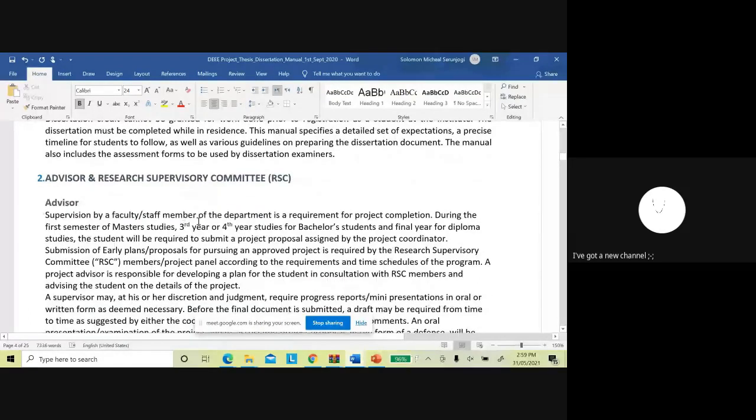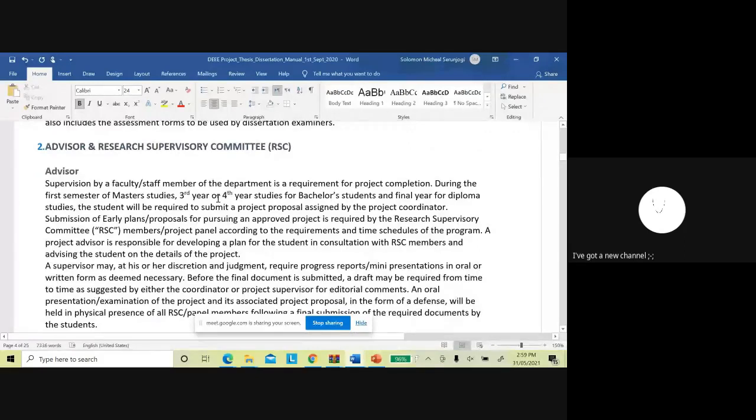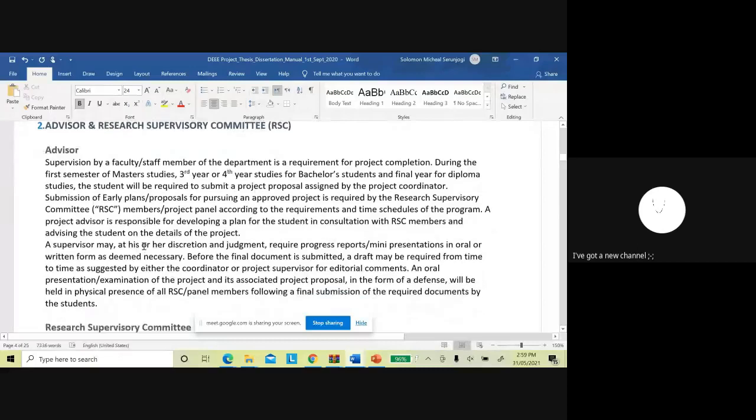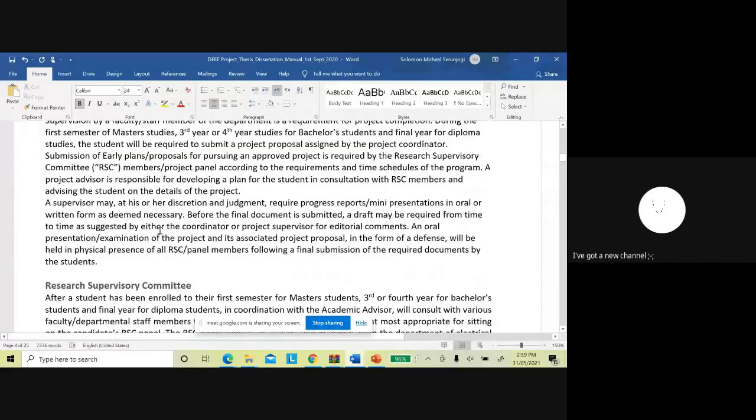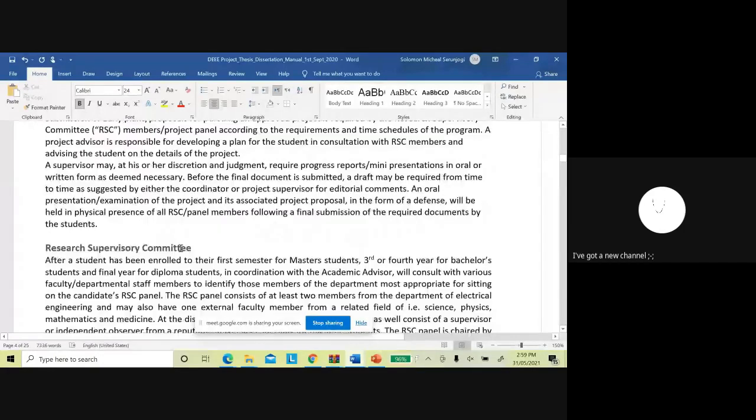So we assume that you have a supervisor, and you have co-supervisors. Together, they form a research supervisory committee. And you'll be required to fill a form to confirm that indeed going forward, that is your supervisor.